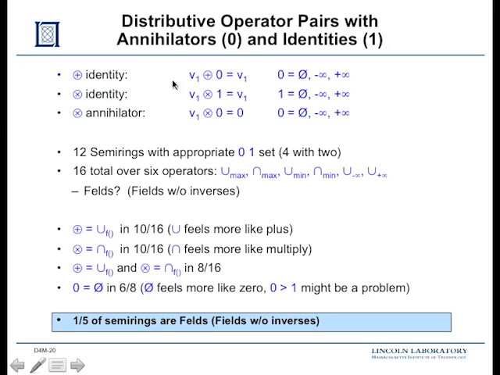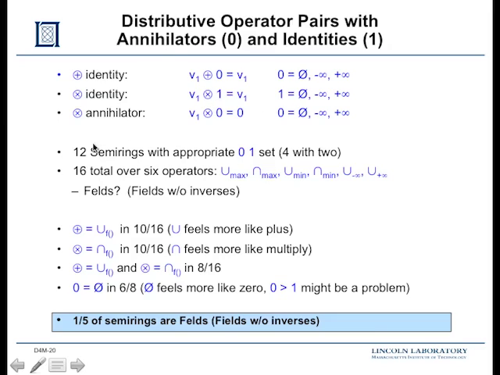So 0 is the additive identity. When you think of normal math, you add 0 to something, it doesn't change it. All right? And the choices for additive identity elements could be, we have 3 special symbols, and we could pick them. We have the multiplicative identity, which is 1, and the multiplicative annihilators.